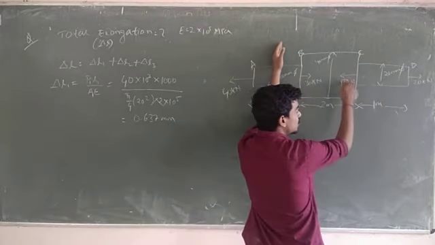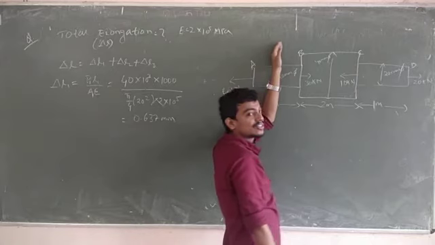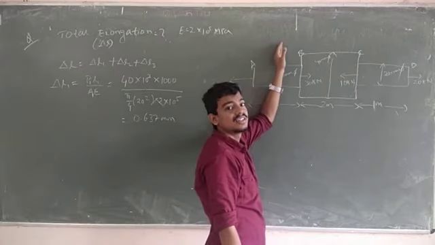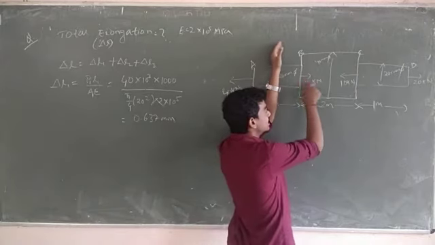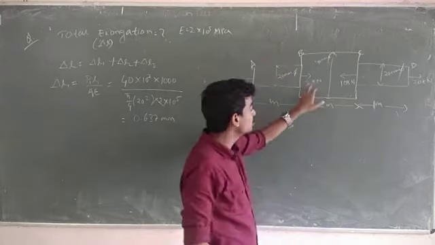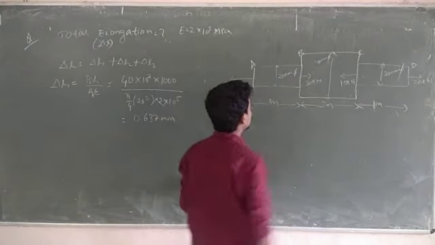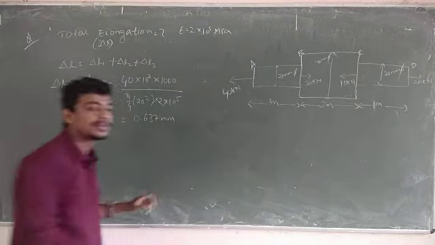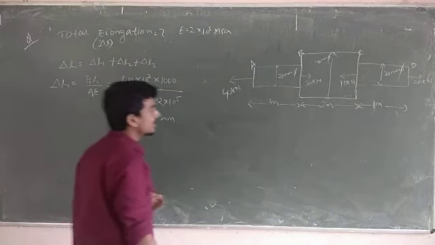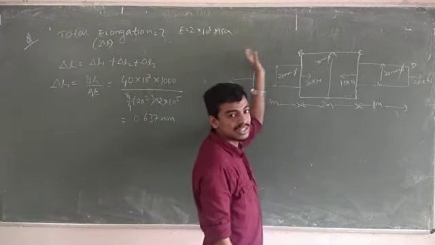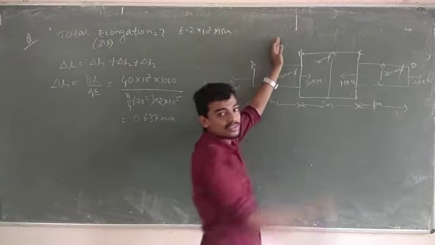Here the opposite force is 10 kilonewton. So 50 minus 10, that is 40 kilonewton tensile, so the load will be 40 only. It is easier to consider the left side, so just take the 40 kilonewton.